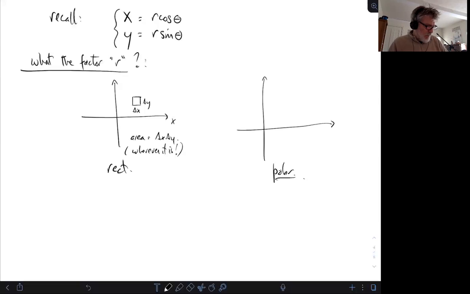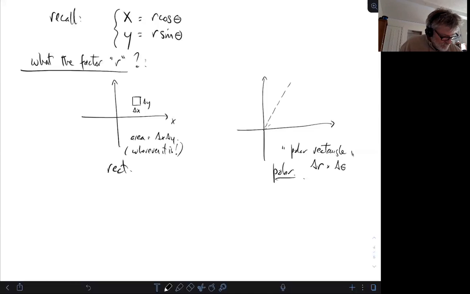What does that mean? I have a small difference in theta and a small difference in radius. So maybe it's something like this. This is delta r, and the difference of angle is delta theta.